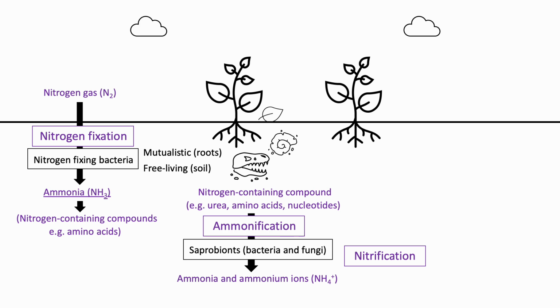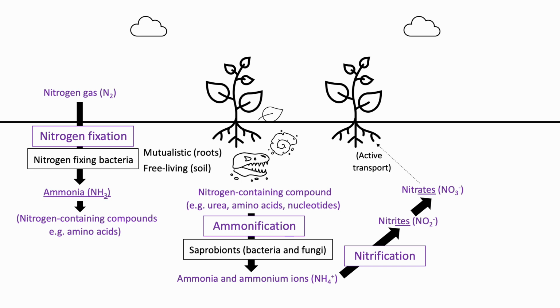Okay, so the next process from there is nitrification, and that is conversion of these ammonia and ammonium ions into nitrites, which are then oxidized to nitrates. These nitrates are very important. They're water soluble and they are very important for growth of plants.